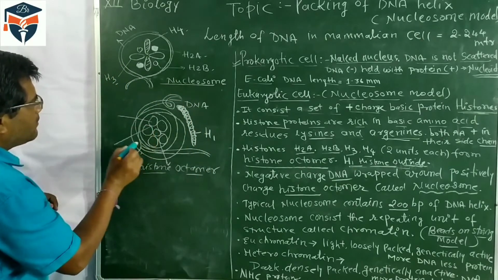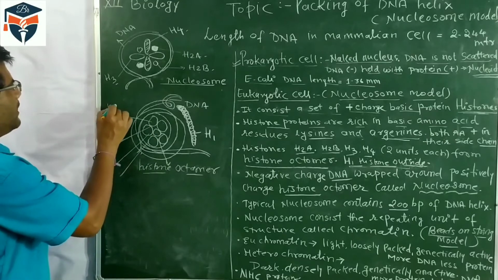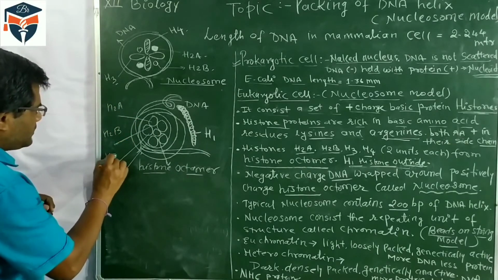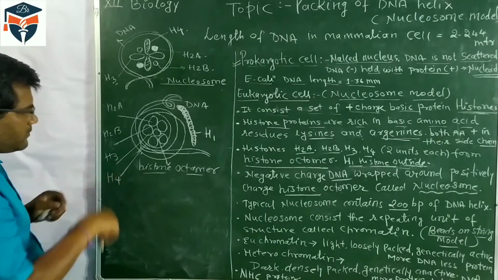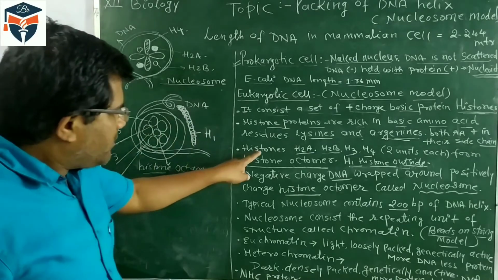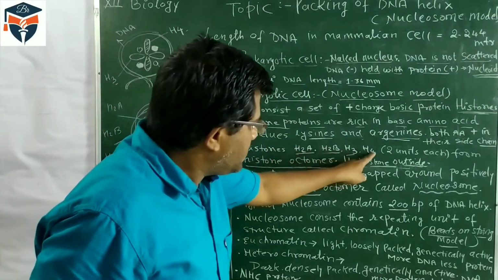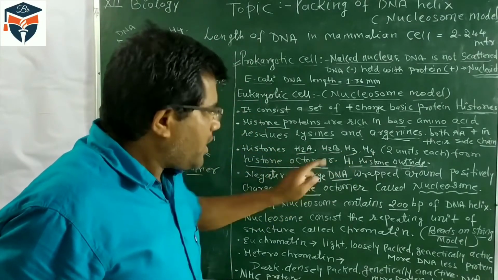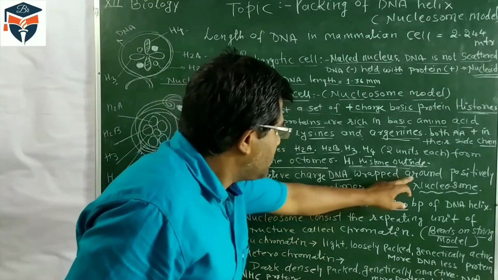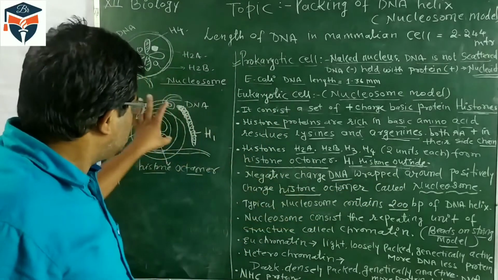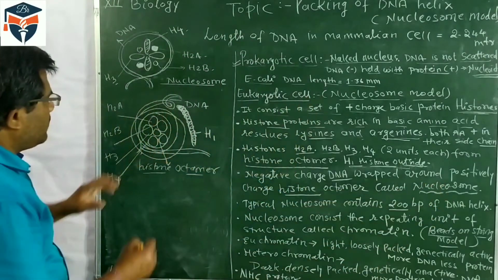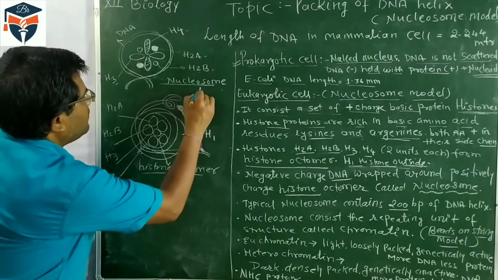So here are the 4, H2A, H2B, H3 and H4, and additionally there is another one outside. The histones H2A, H2B, H3 and H4 form the histone octamer, and negatively charged DNA wrapped around the positively charged histone octamer is called the nucleosome. This structure is called the nucleosome.